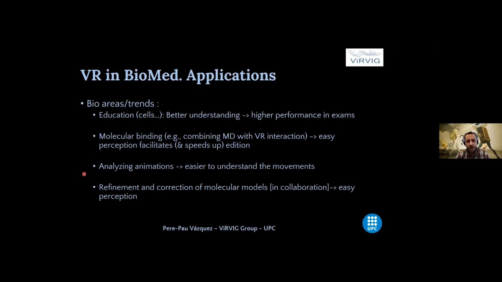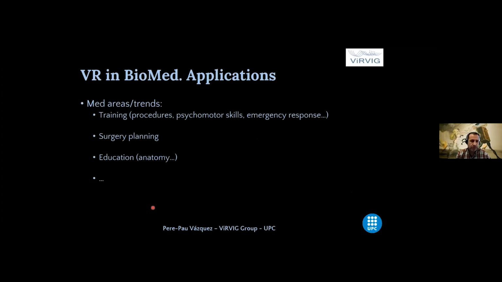Also, it's better to analyze 3D animations of molecular simulations because it's easier for us to understand the positions of the different elements, the ligands, and so on. And you can also edit models, for example, for refined models or to correct molecular models. And it is also another task that can be done in collaboration.